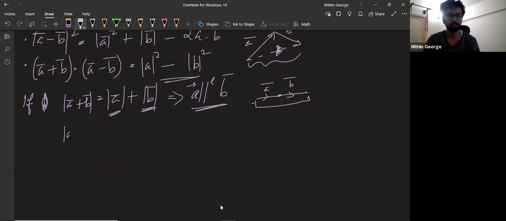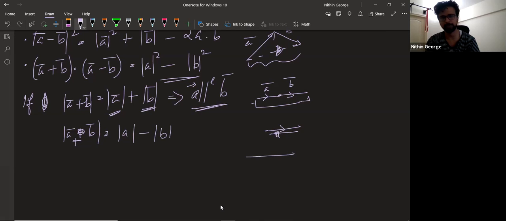So if I get mod of A plus B equal to mod A minus mod B, what can I say here? They are anti-parallel, right? They are parallel, but they face in the opposite direction. So there will be some bigger A here, and then some smaller B here.